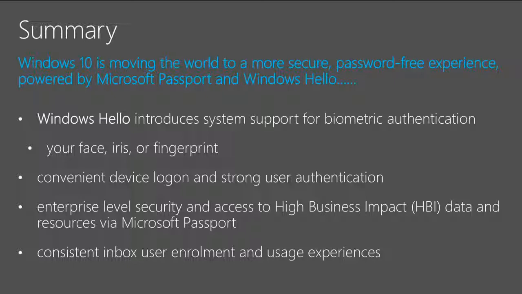It's providing incredibly convenient unlock, but unlock is an authentication gesture. It's not only unlocking your device. It's also giving everybody the ability to access protected resources and protected services and protected data. And by the end of the day, it's an incredibly easy and understandable experience, starting from enrollment, through usage, and finishing with recovery.